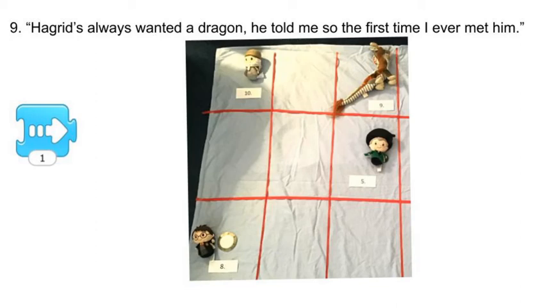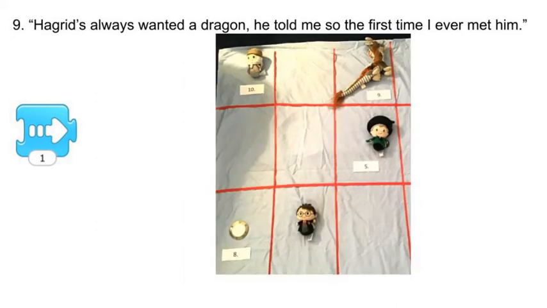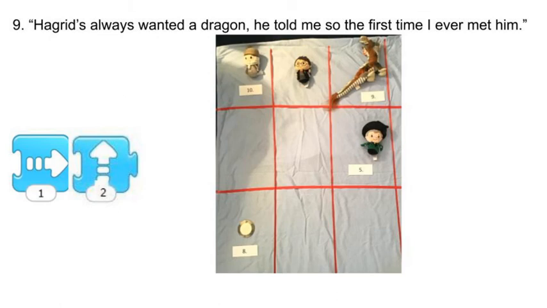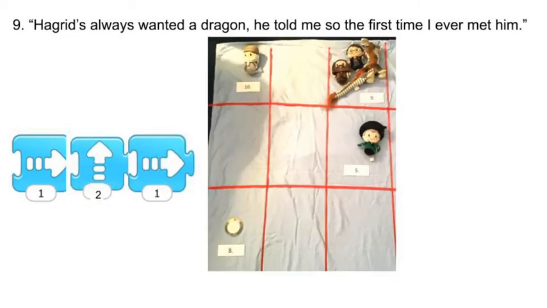And then he needs to move up a few squares. So let's count 1, 2. Alright, let's see. Yep, there we go. Almost there. He just needs to move to the right 1. And there he is. He's going to talk to Hagrid and convince him that that dragon would just be better off in Romania.